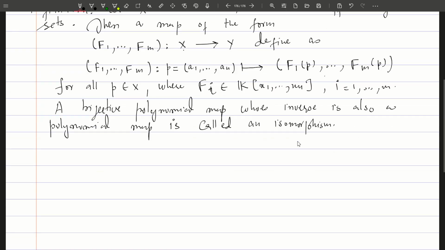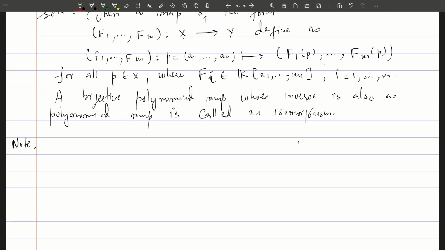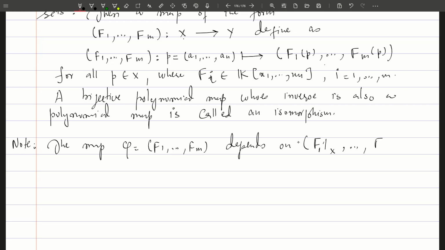One should note here that this map depends only on the polynomial functions, that is, the restrictions of f1 up to fm over X, because we give inputs to these polynomials from the set X.